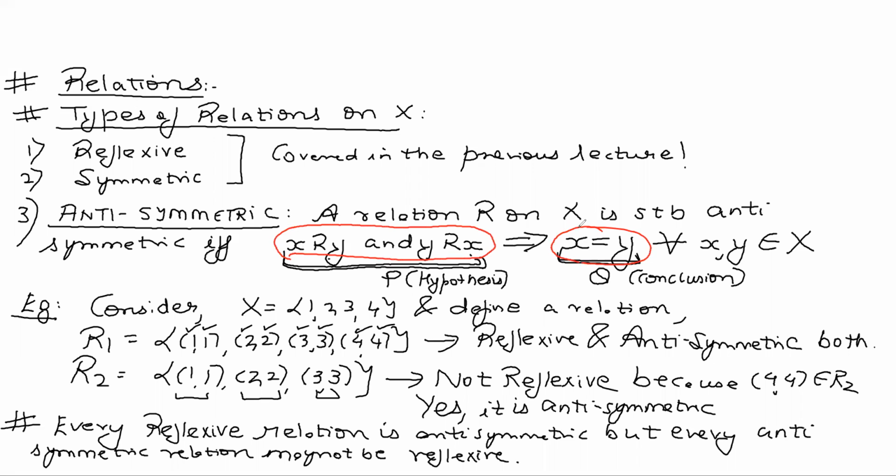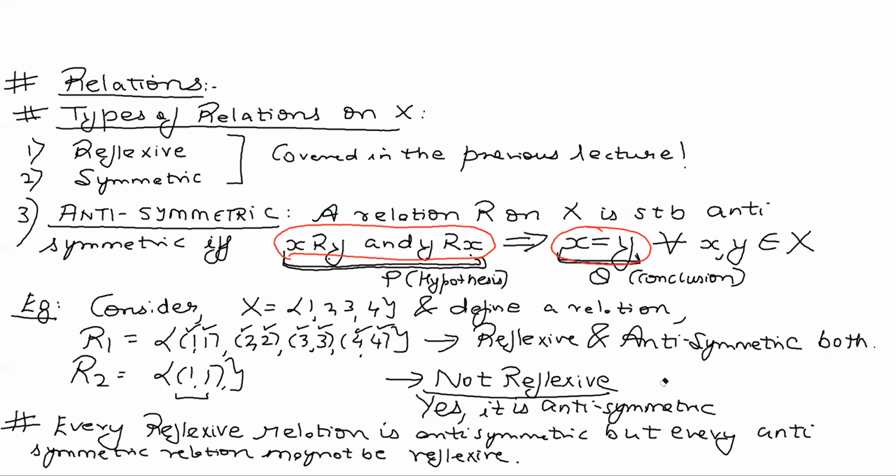So guys, if I erase all this and if I just write this, is this reflexive? Not reflexive. Because (2,2), (3,3) and (4,4) do not belong to R1.